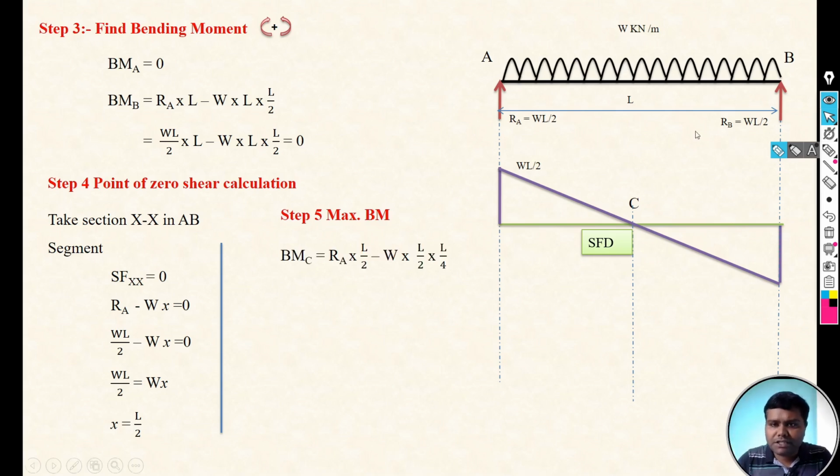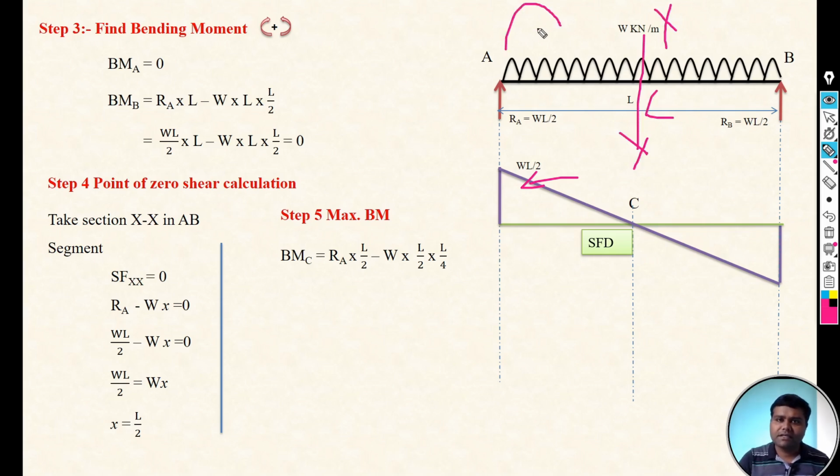So the moment at C point, by taking the left portion, let's say this is C point. The moment of RA is clockwise, so positive RA into L by 2, where RA is WL by 2, and the moment of that W. Now this distance we know, it is L by 2.